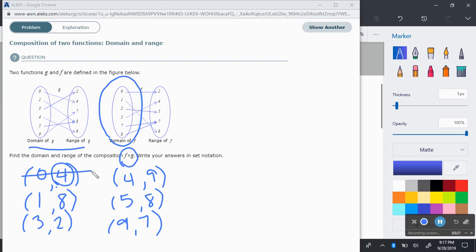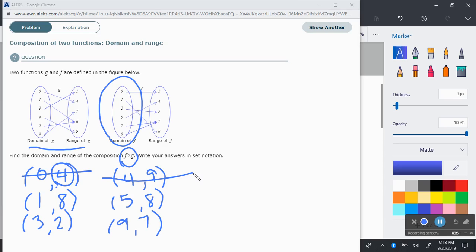So I don't need that ordered pair at all. There is an 8, so we can use the second one. There is a 2, so we can use (3, 2). There is no 9, so we cannot use (4, 9). There is an 8, and there is a 7. So (1, 8), (3, 2), (5, 8), and (9, 7) are the only values that can be plugged into f, and will then have a range value to follow.